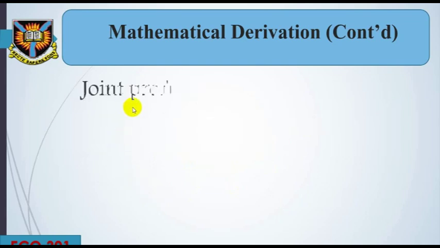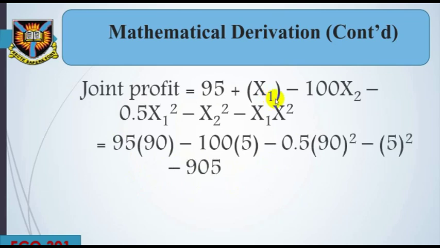Joint profit is equal to 95x1 + 100x2 - 0.5x1 squared - x2 squared - x1x2, which is equal to 95(90) + 100(5) - 0.5(90) squared - (5) squared - 450, which is equal to 4525.